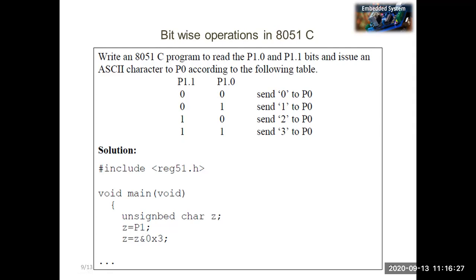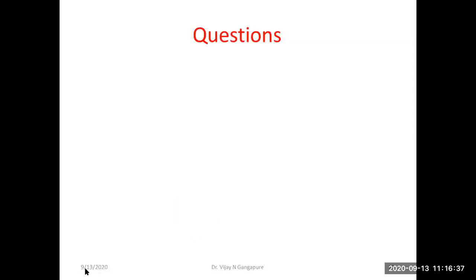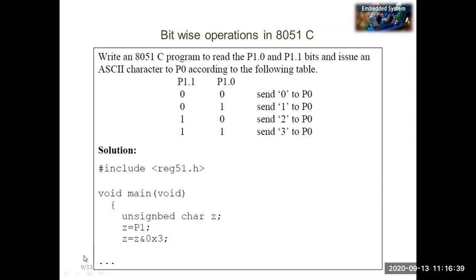Okay, then see, z is equal to z ampersand 0x3. Okay, म्हणजेच मी आता काय करतोय, so here first I am reading port 1 data in z, and then I am doing z AND 0x3.